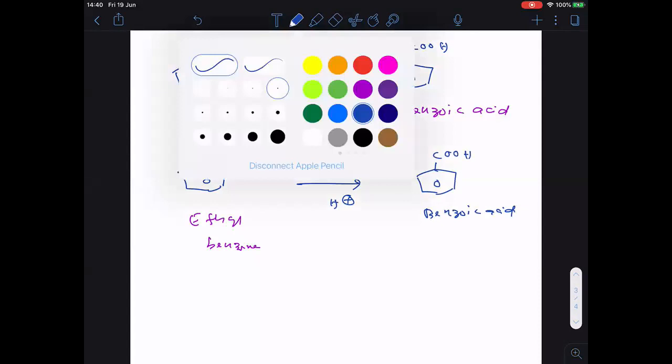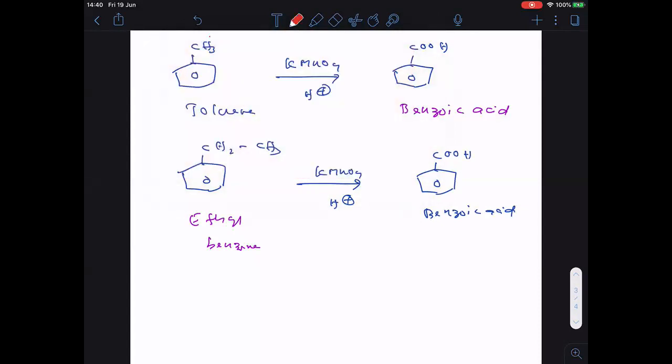Here one thing I want to tell you: in the first one only one carbon atom is there in the alkyl group. Here two carbon atoms are there in the alkyl group, but in both cases benzoic acid is the product.